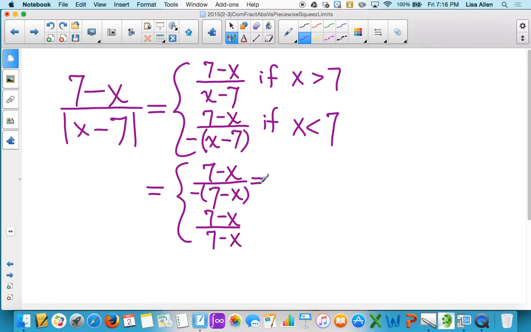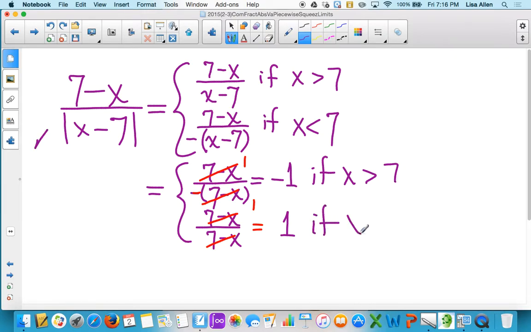So this is equal to, and they cancel, but you still have your negative sign here. So up top we have negative 1, on the bottom we have positive 1. So it seems if x is greater than 7, your function value will always be negative 1. And if x is less than 7, then your function will always be 1.